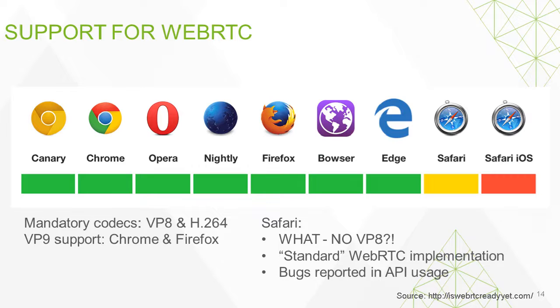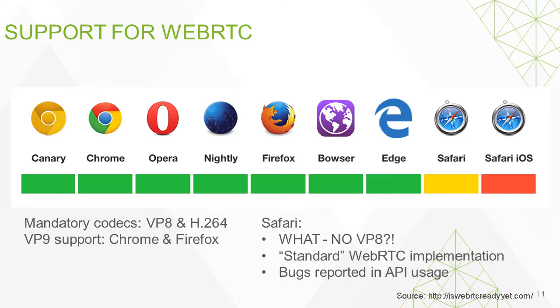Naturally, Google was one of the first people to get in on WebRTC. They worked on their open source implementation. They're going to be one of the big supporters of it in their browser. So in this support for WebRTC graphic, you notice Chrome is way over there on the left with all of the support things checked off. On the right, you'll see Safari, and the reasons for that are really down to the mandatory codecs. The WebRTC spec defines that you must support VP8 and H.264 encoding video.